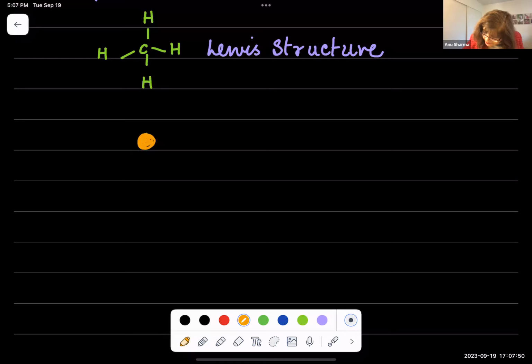Outside the carbon, we have one hydrogen on the top, another hydrogen at the back, one hydrogen in front, and one hydrogen on the side.